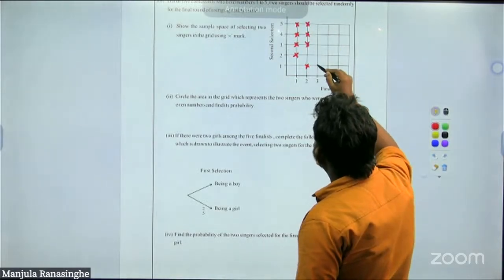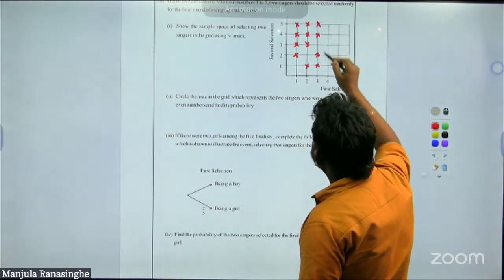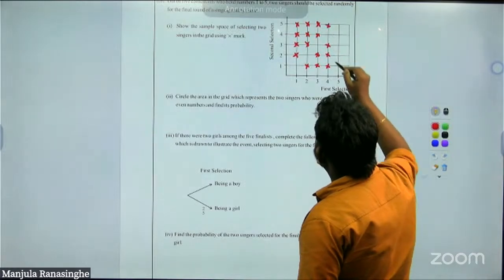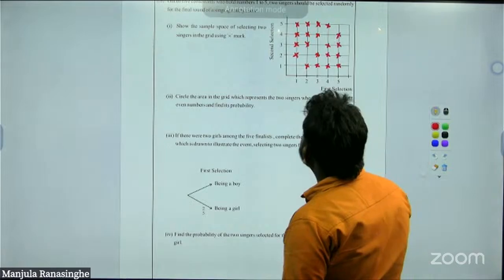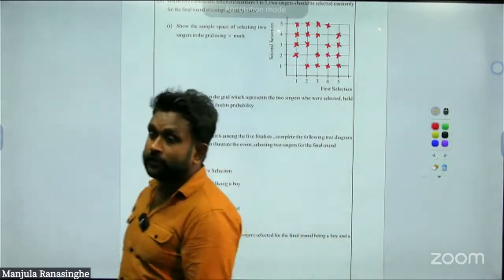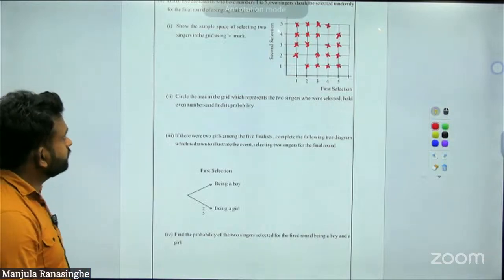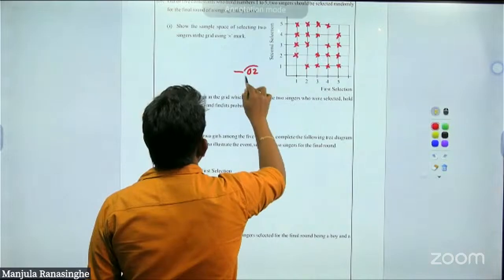If 3 got selected, 3 is not available, others are available. If 4 got selected, 4 is not available, others are available. If 5 got selected, 5 is not available, others are available. So this is the right grid to be marked. For that, you have 2 marks.